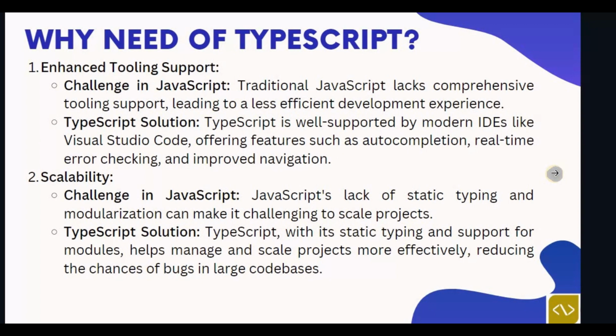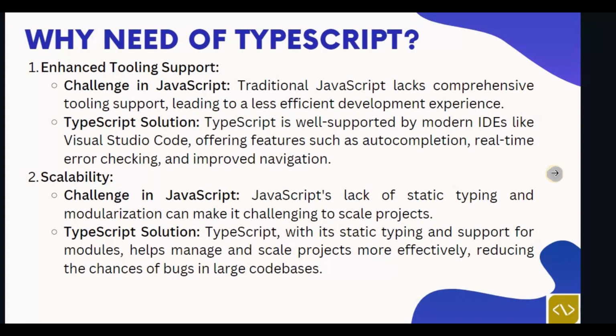And the other point is scalability. The challenge in JavaScript was that the lack of static typing can make it challenging to scale projects. But the solution is there in TypeScript.